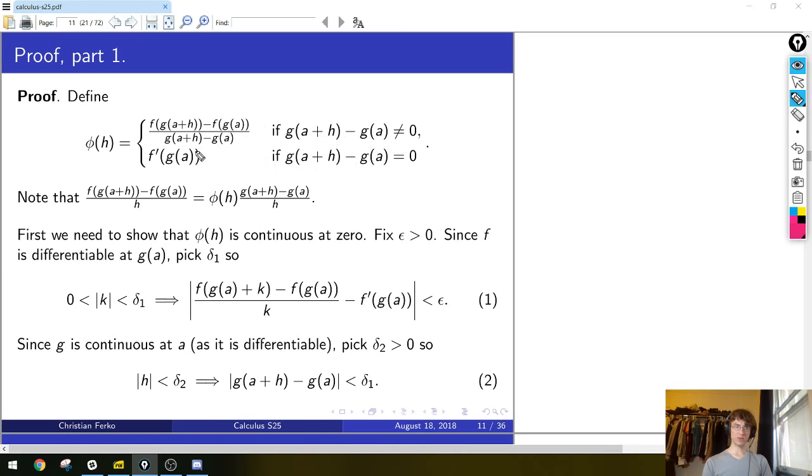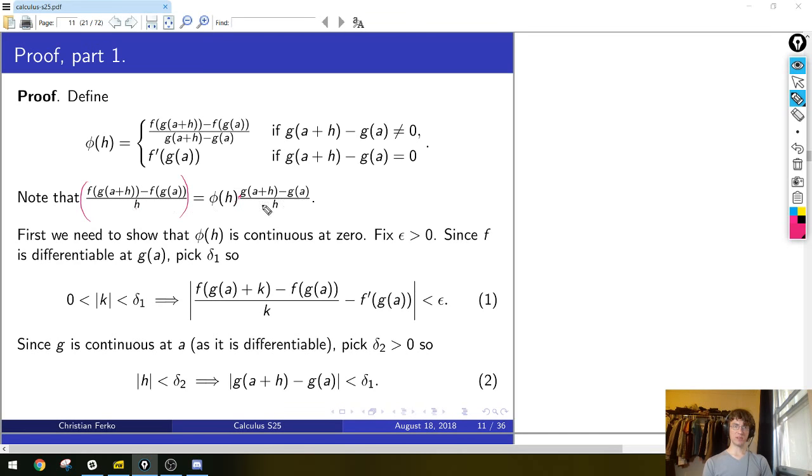So we have these two conditions we want to impose on phi, so we define it piecewise, and then, as I pointed out in the previous slide, we have this just by algebra, that the difference quotient that we're studying is given by the product of phi and this simpler difference quotient involving g. So that was the algebra that we just did.